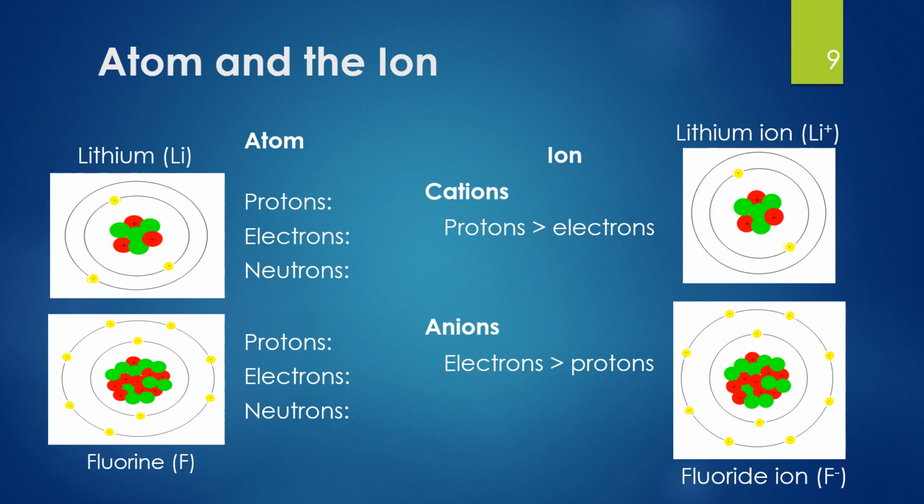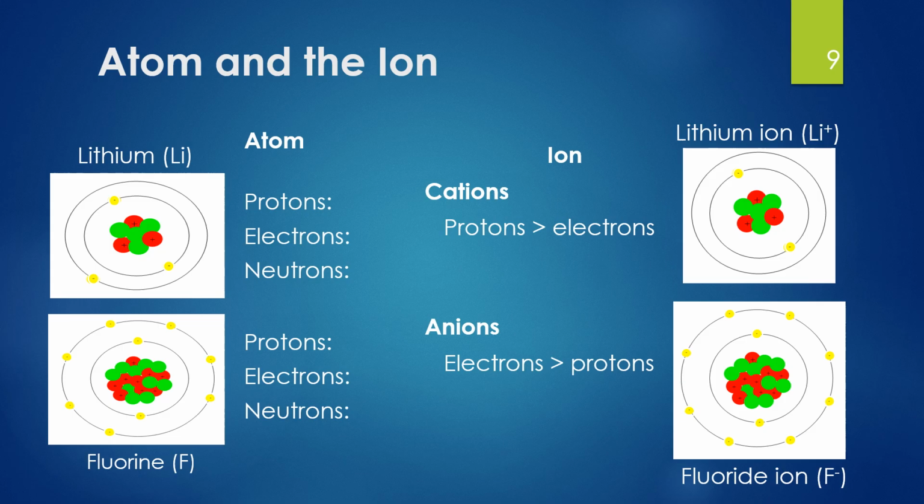So looking at the picture of a lithium atom, to figure out how many protons there are, we look at the positively charged red spheres that are located in the nucleus, and it looks like there are 3 of them. The electrons then are going to be the 3 negatively charged spheres that are surrounding or orbiting the nucleus. Now this makes sense when you look at the lithium atom because the lithium atom is neutral, and neutral atoms always have the protons and electrons canceling each other out.